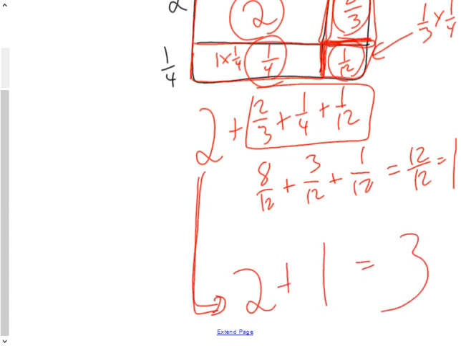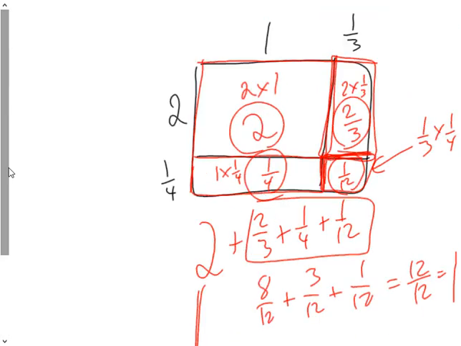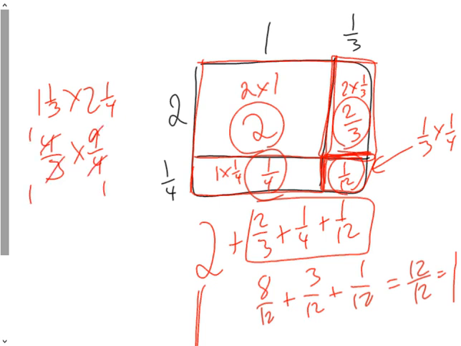Therefore, the area, or the answer, will be 3. Not 3 and a bit, but 3 exactly. If I wanted to check my answer, because most of you should have, I would change them into improper fractions, and I would still get 3 as an answer, just to make sure that my work was correct.